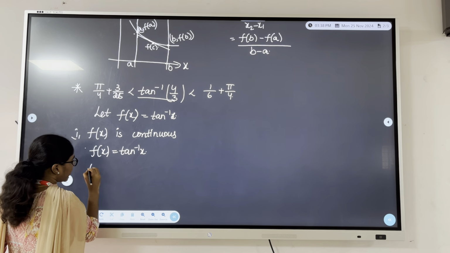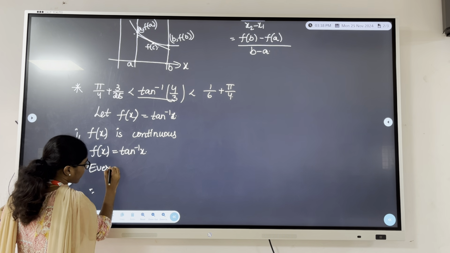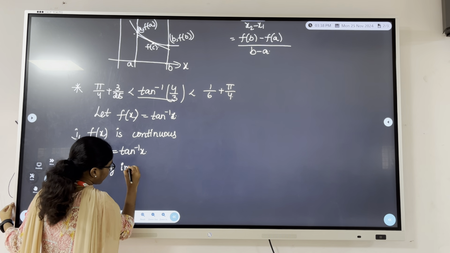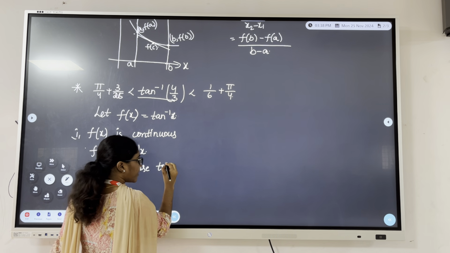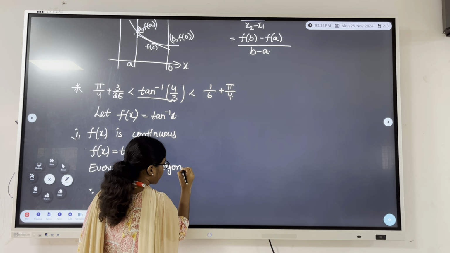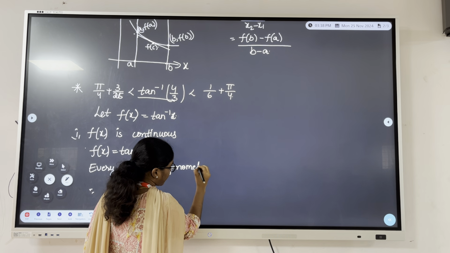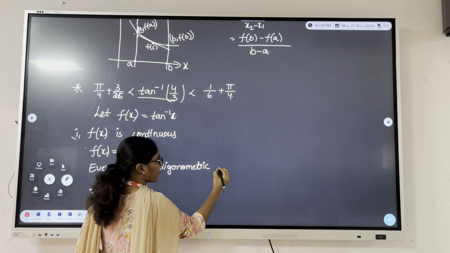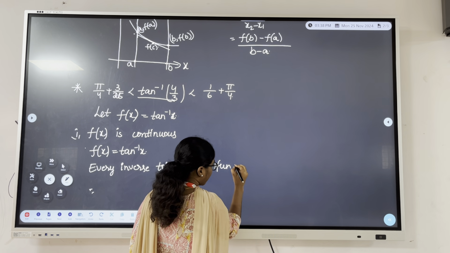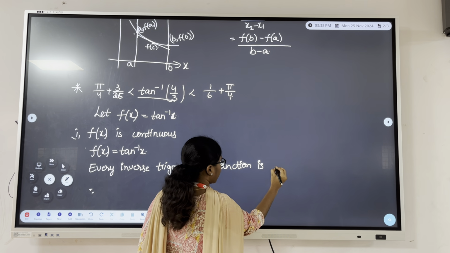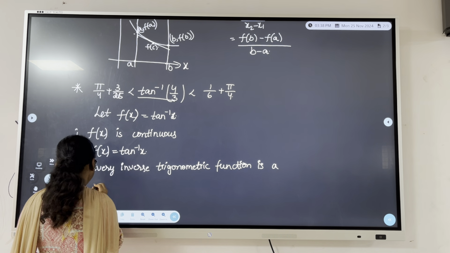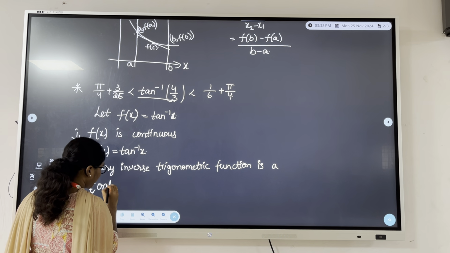As we know that every inverse trigonometric function is a continuous function.